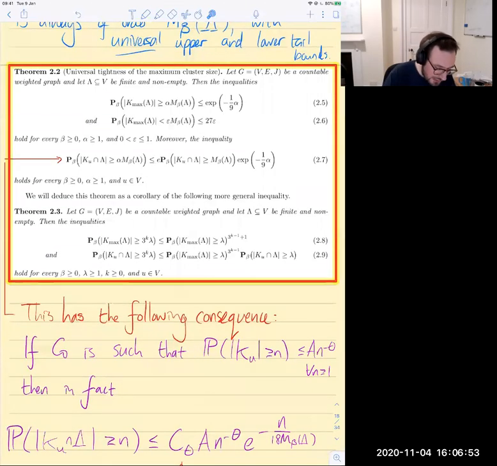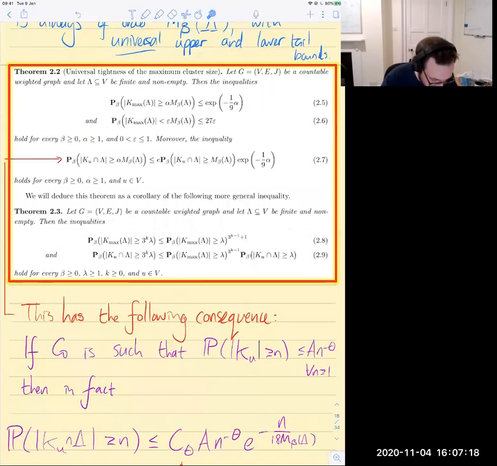And we'll deduce this statement from a more general one, and this statement here is just an analytic consequence of this one, which says that the probability that the maximum is at least 3 to the k times some number lambda, which could be anything, is bounded by the probability it's larger than lambda, to the power 3 to the k minus 1 plus 1.